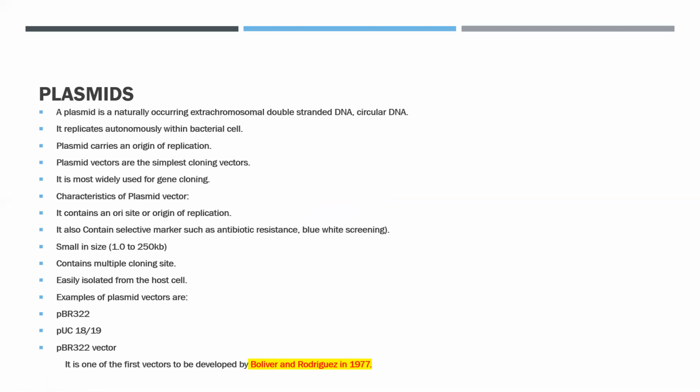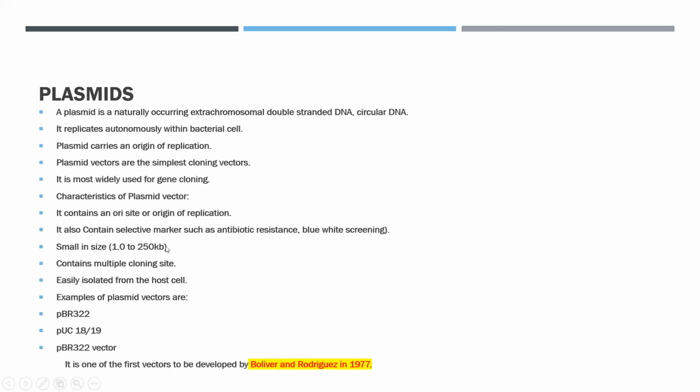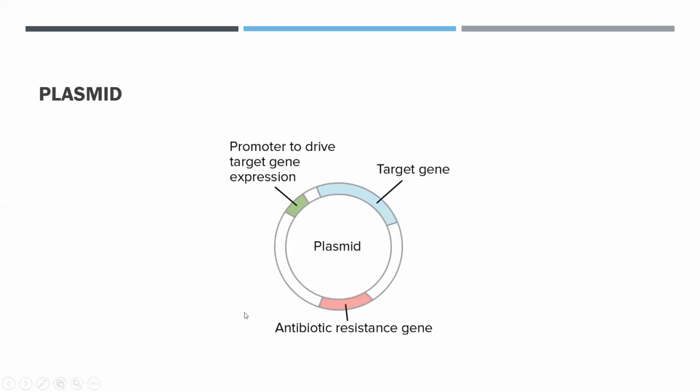Characteristics of plasmid vector. It contains ori site. Ori site means origin of replication process. Next, it contains selective markers such as antibiotic resistance, blue-white screening, antibiotic resistant genes. Next, plasmids are low copy number, high copy number.